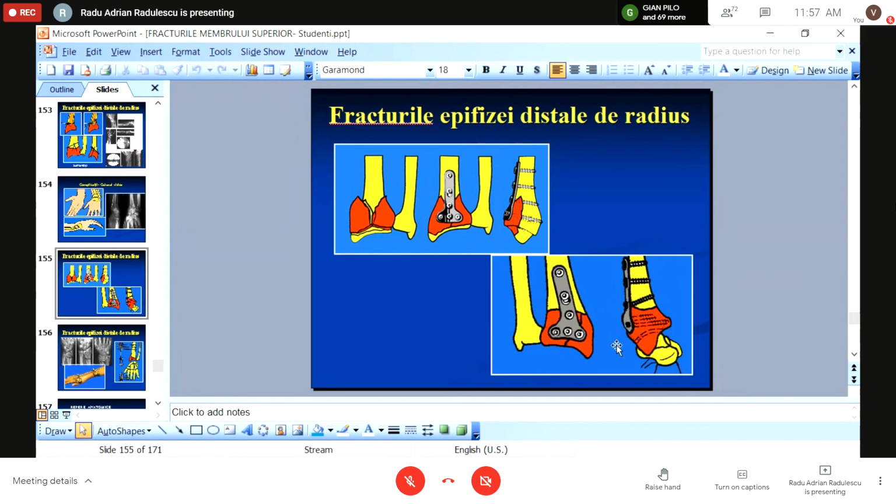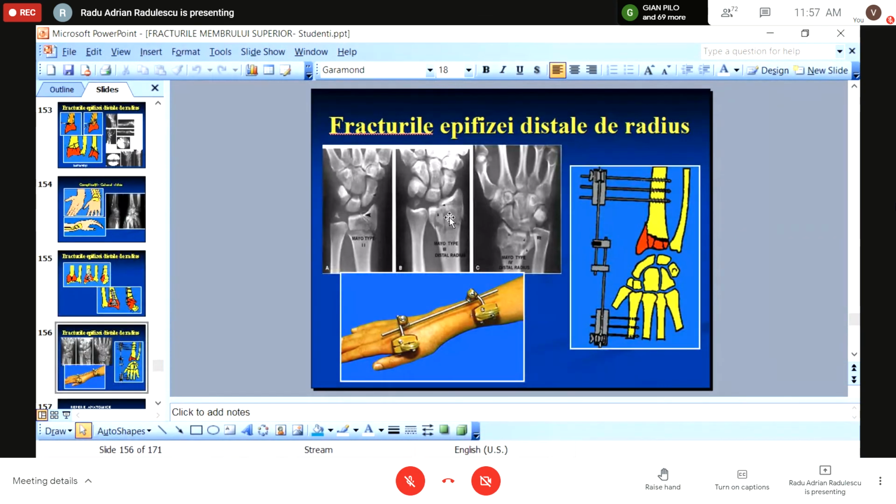There are some situations when we have a comminuted fracture. And in these comminuted fractures, the anatomical reduction will be quite impossible, exactly like we mentioned for the radial head.